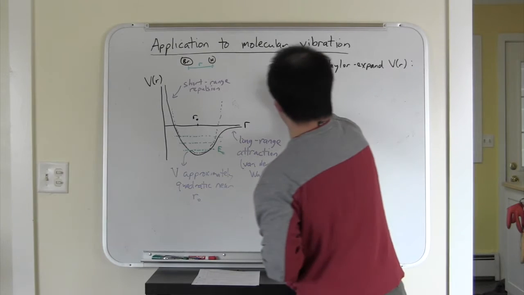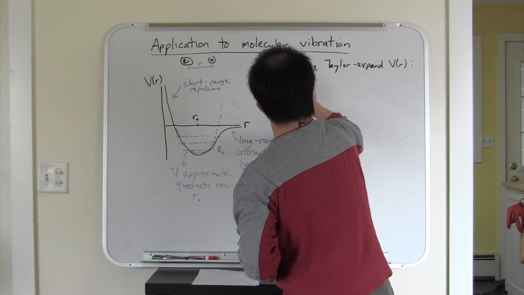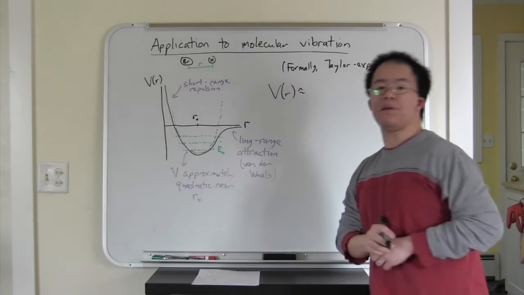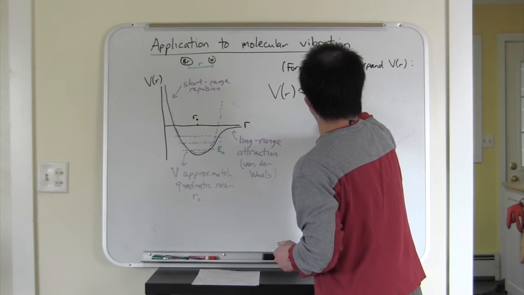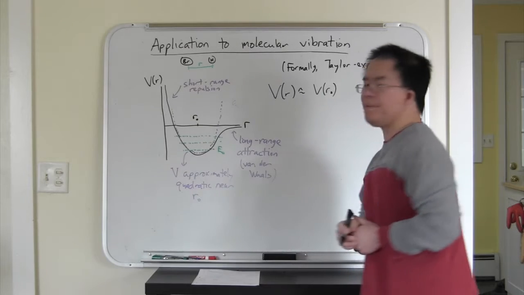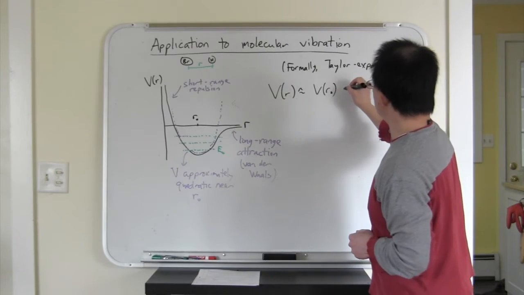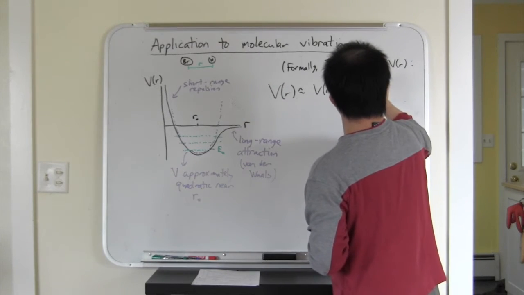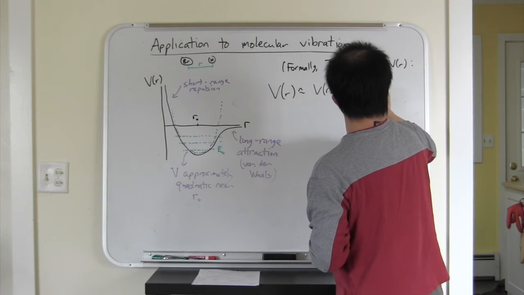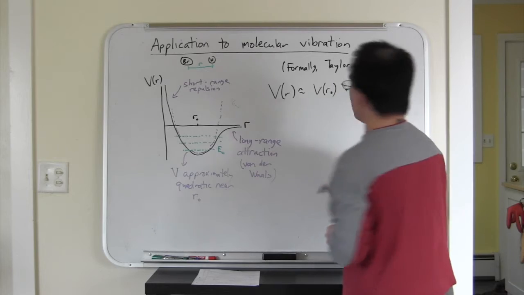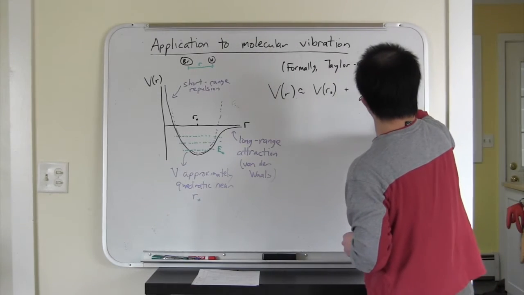V of R is approximately equal to V at R0, plus dV/dr evaluated at R0 times (R minus R0).